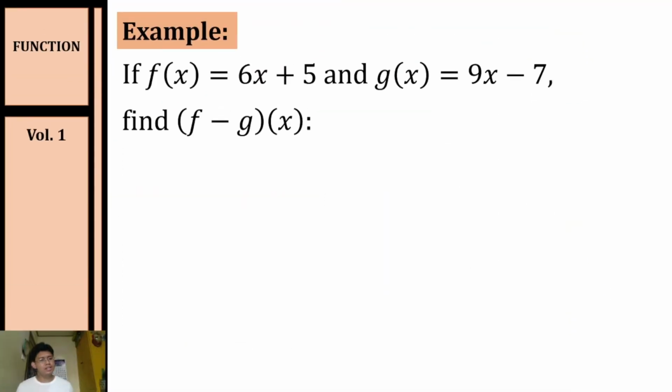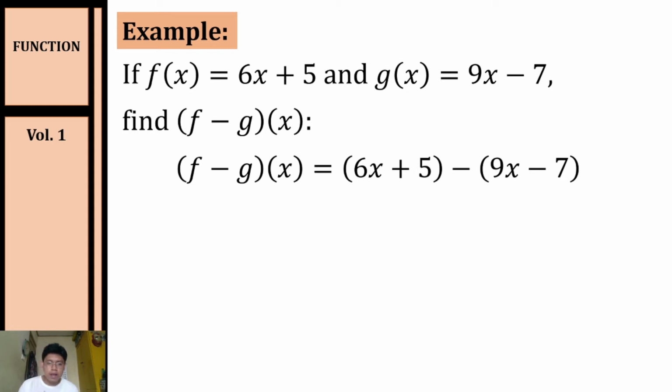Alright, let's have another example. So for example, if f of x is 6x plus 5 and g of x is equal to 9x minus 7, let's find f of x minus g of x. So let's subtract the two functions. So let's substitute first our f of x, 6x plus 5 minus 9x minus 7. Now let's apply the rules in subtracting polynomials.